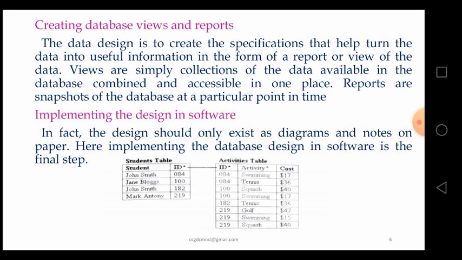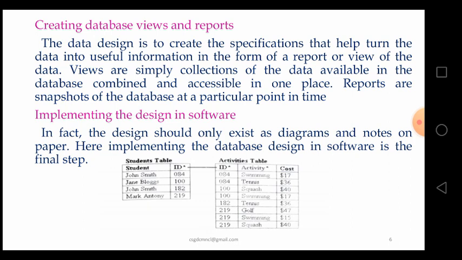Activities table ID is same, that is primary key. Next, activity column and cost of activity. This is the designing of the relational data model.